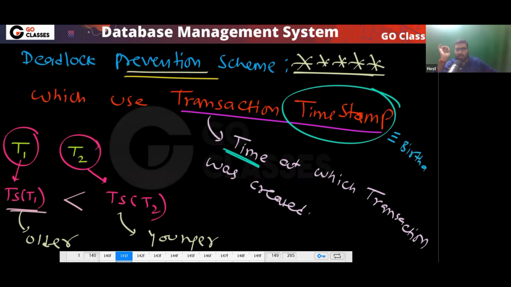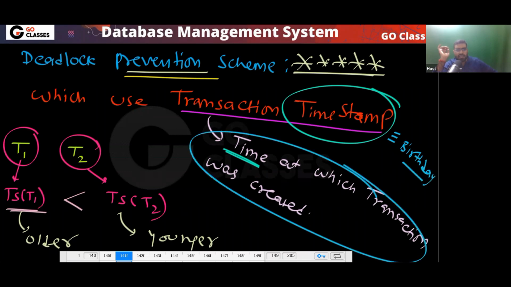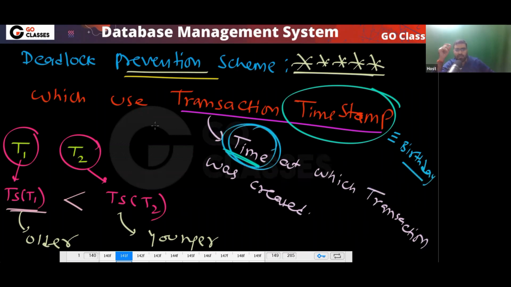Now you can easily see that if there are two transactions and the timestamp of one is less than the timestamp of the other, then definitely this one is old and this one is younger. Correct? Very simple. So this is the concept of transaction timestamp.